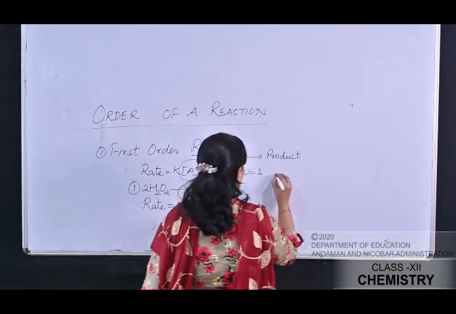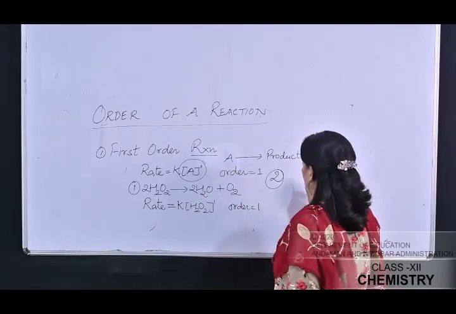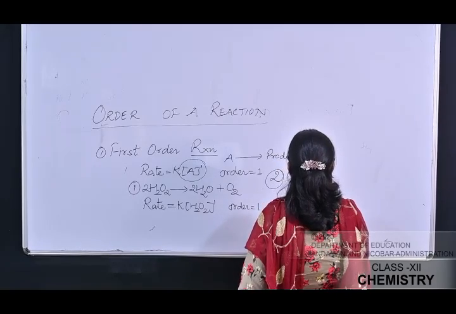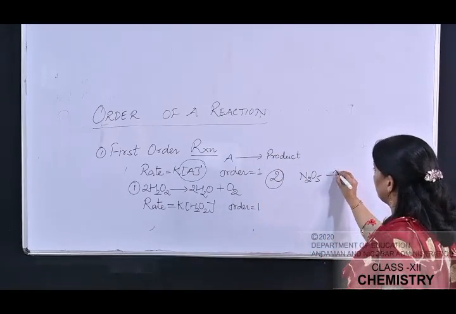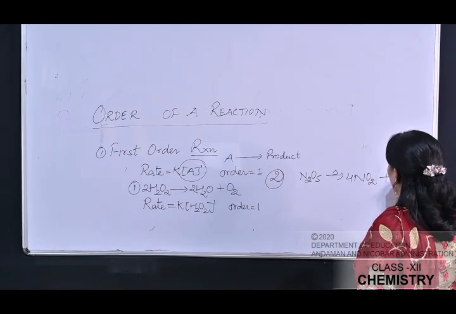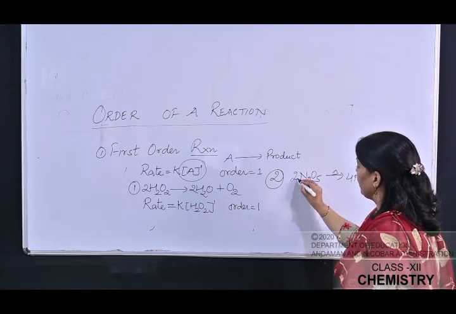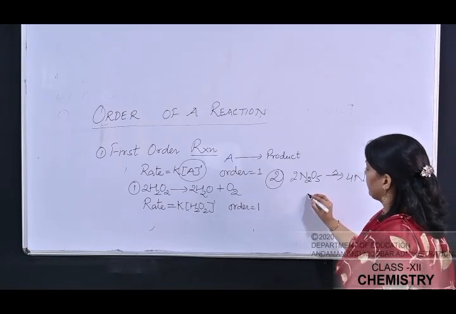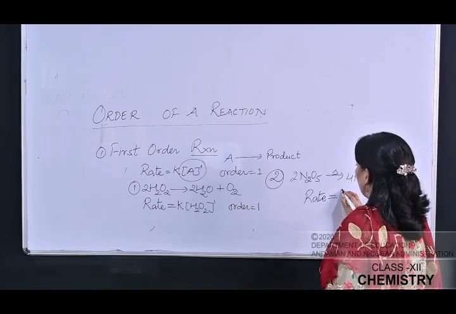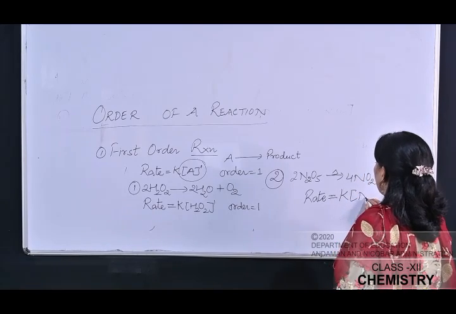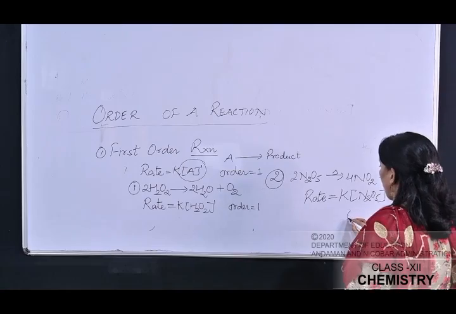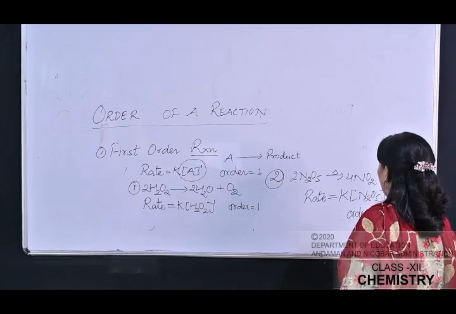The second example of a first order reaction is the decomposition of dinitrogen pentoxide to give 4 moles of nitrogen dioxide plus oxygen. From experimental studies it is found that the rate is equal to the rate constant times concentration of N2O5 raised to power 1. So the order for this reaction is equal to 1.